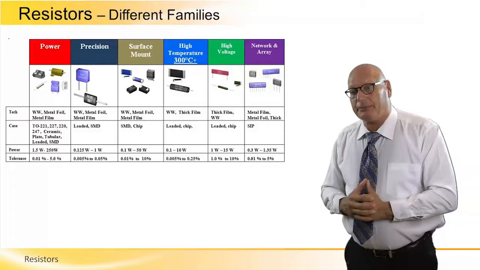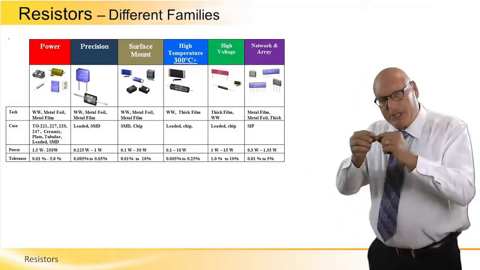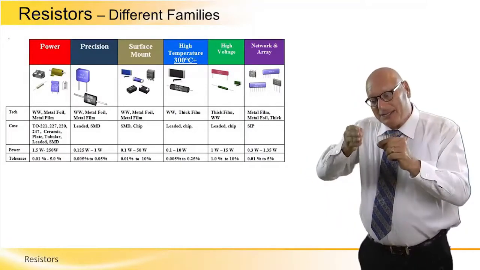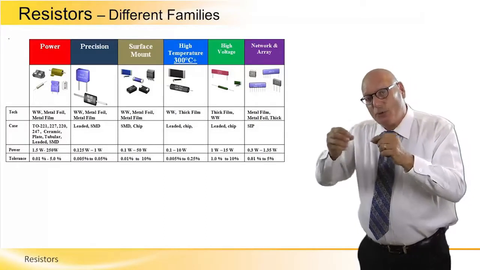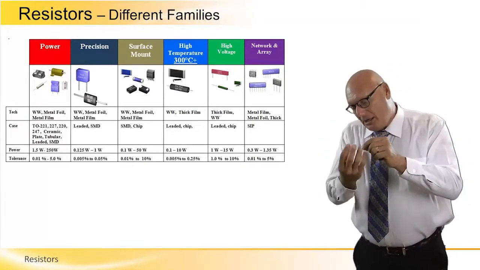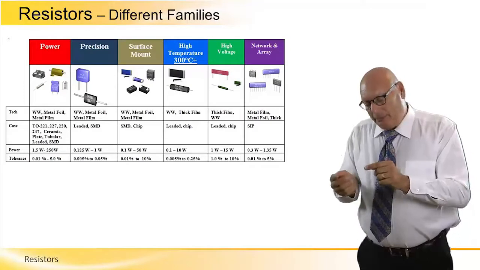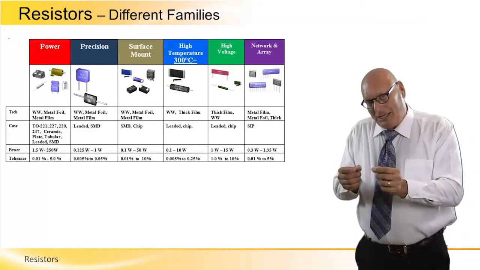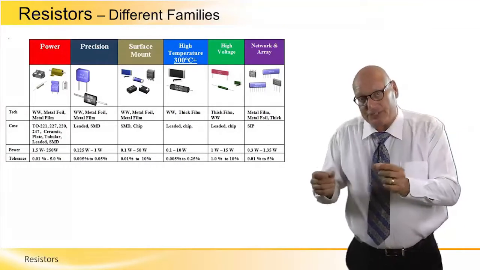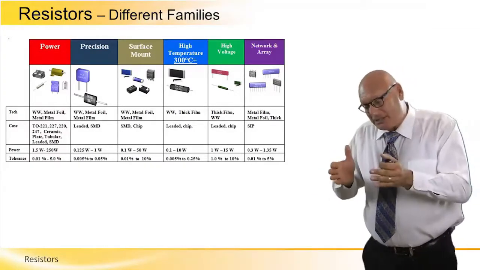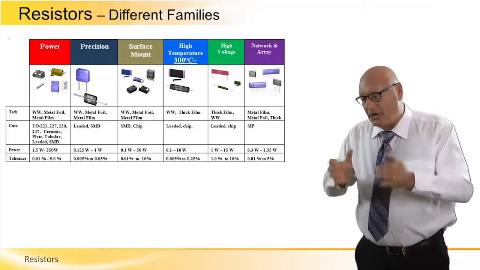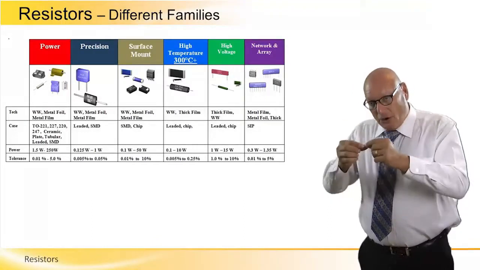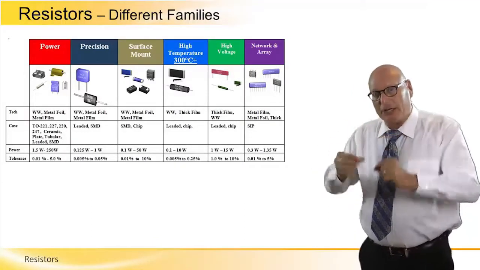And we have the network arrays, which are basically a component that has a network of resistors within that array, legs coming out, and between the legs, based on technical specification, we can connect different resistors in an array. It can be 6 resistors within an array, 12 resistors within an array, all within one package.